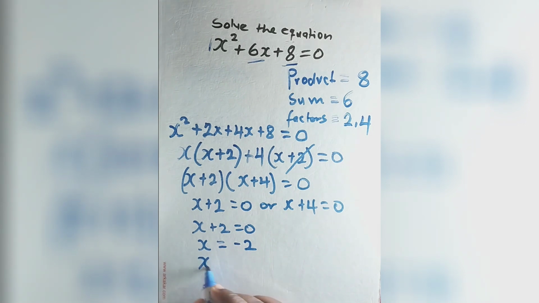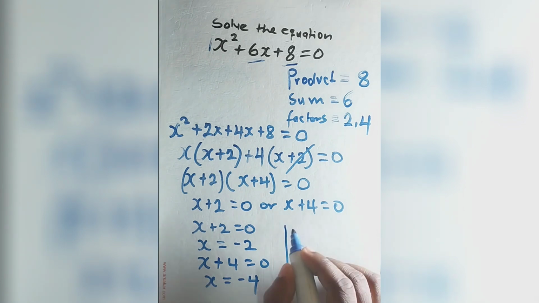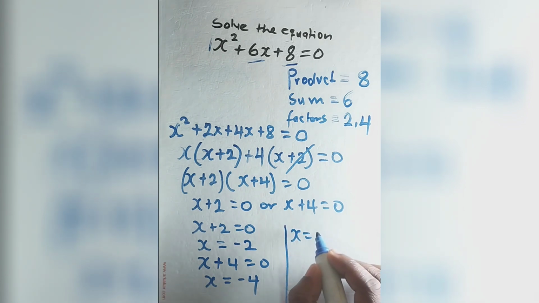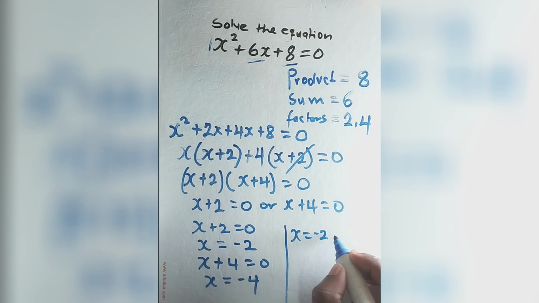This gives you x plus 4 equals 0, and then we move 4 to the right side. So this gives you minus 4. So the value of x equals minus 2 and minus 4.